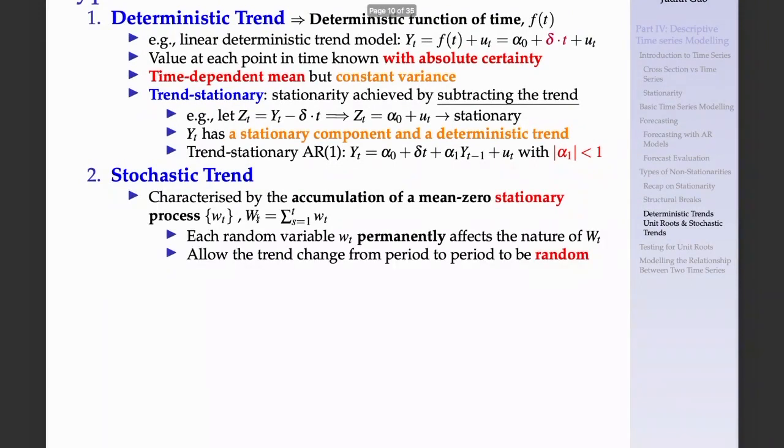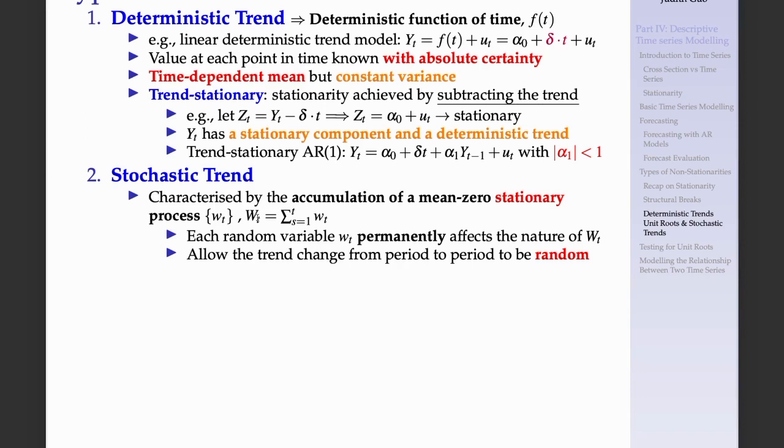Then, essentially, each random variable w, given that it's not multiplied by any coefficient, you could just think of it as being multiplied by 1, analogous to the random walk case, okay? So in the stochastic trend, each random variable, the lowercase wt, permanently affects the nature of the trend.